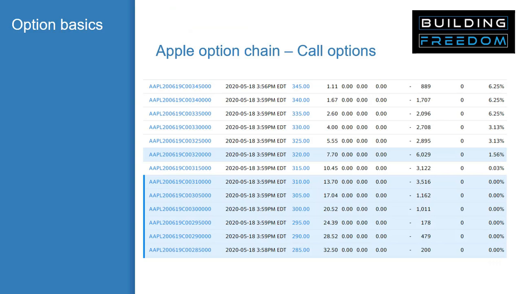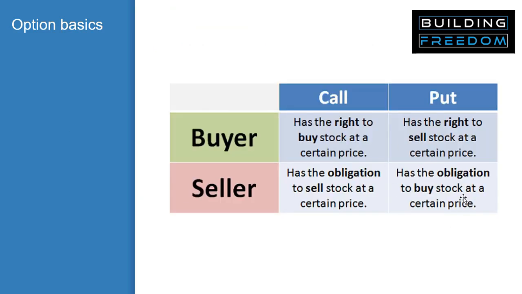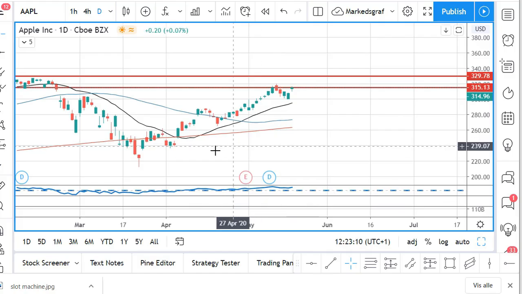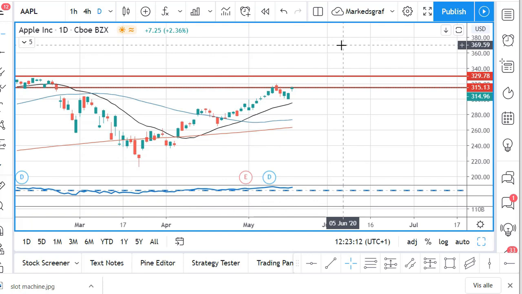And then of course we have the put option seller. And that is a place where a lot of people have made a lot of money, but also lost a lot of money. Because what a put option seller is that we are having Apple here in an upwards trend. And I am selling the put option down here somewhere, maybe in 280, meaning that I'm getting money up front here now.